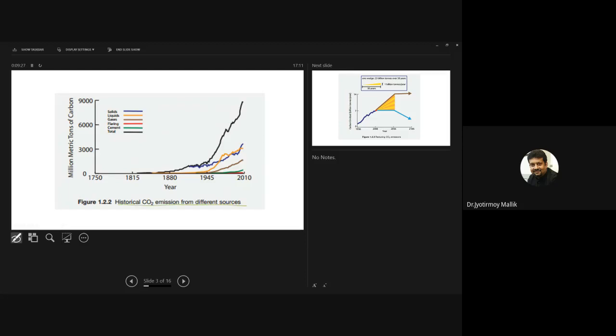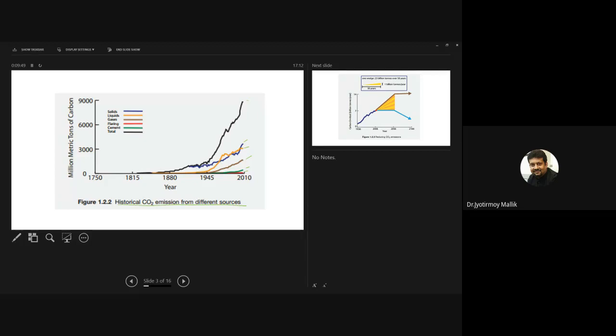So this is from solids that includes coal, right? Then this is liquid, that means oil. This is from the gases, natural gases. This is from a little bit of small flaring, and then from the cement industry. And this is the total carbon dioxide which is being emitted, right?